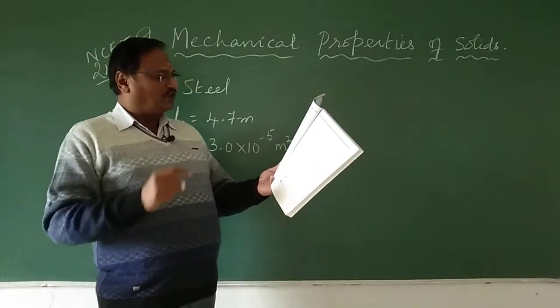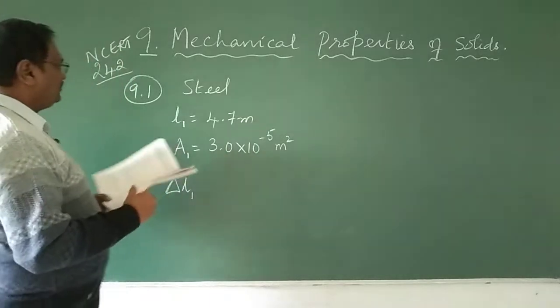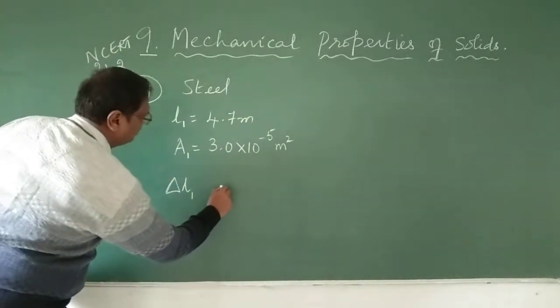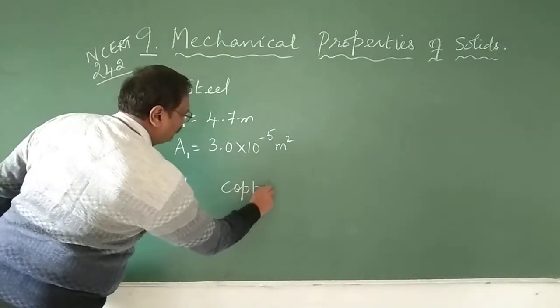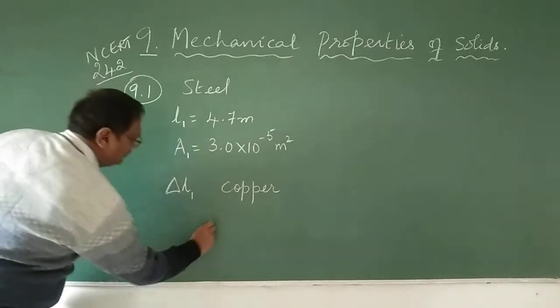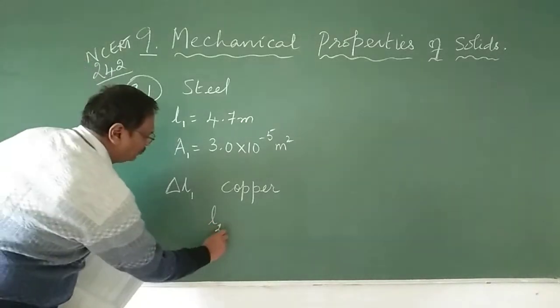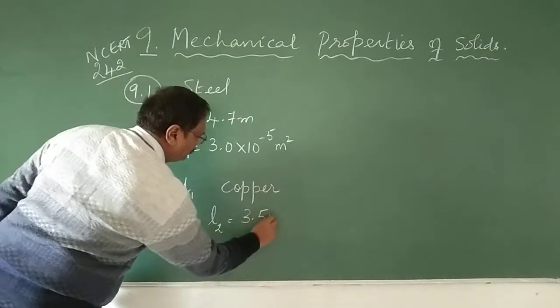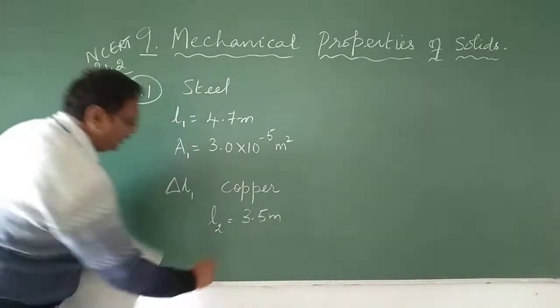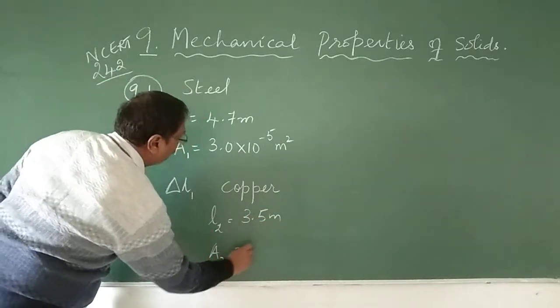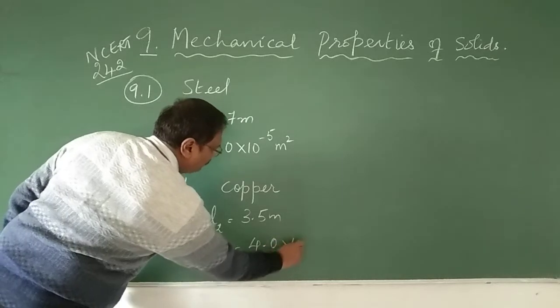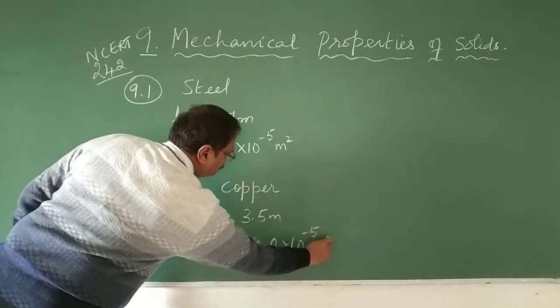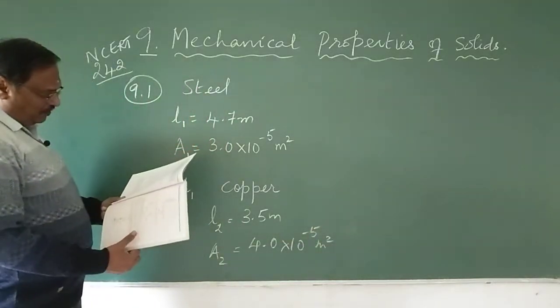Same amount as a copper wire. Now we have the second data, that is copper. Okay, copper wire. What is the length of the copper wire? L2 is equal to 3.5 meter and its area of cross section A2 is equal to 4.0 into 10 power minus 5 meter square.